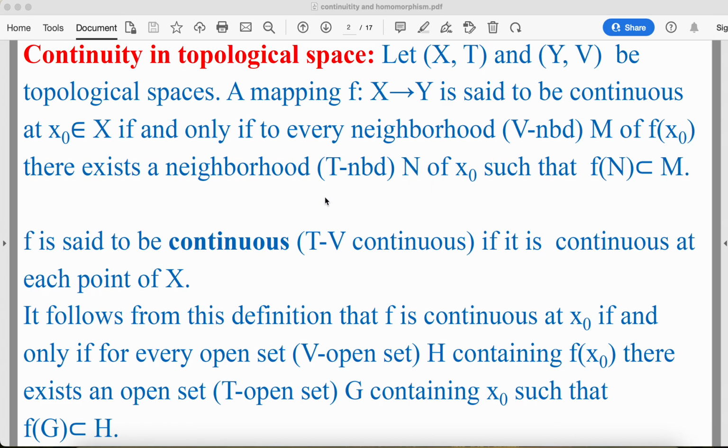It means f is continuous if it is continuous at each point of X.